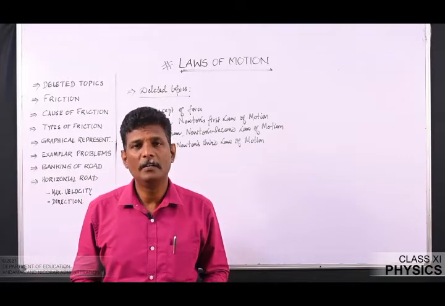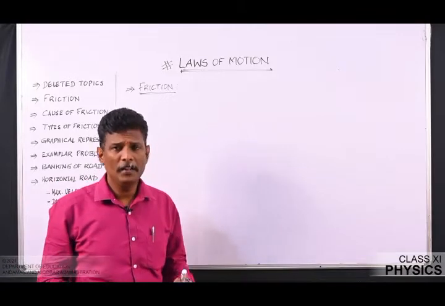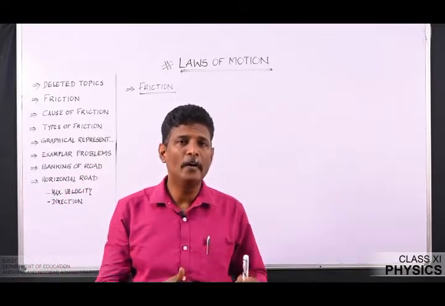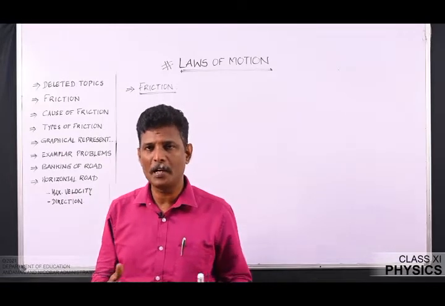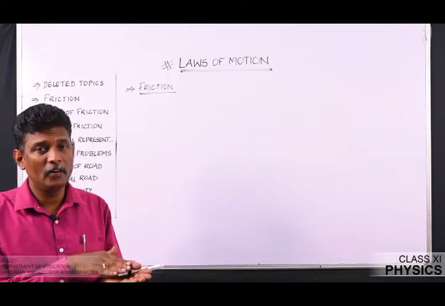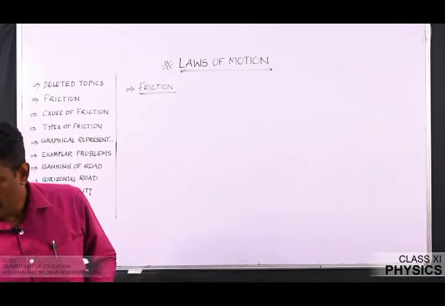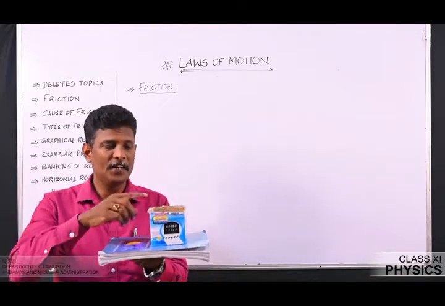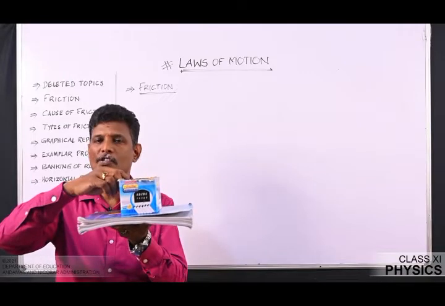We will go straight to the topic of friction. What is friction actually? When a body is tending to move on another body or moving on another body, a force comes into play at the contact place. Let us take an example: a box placed on a book.